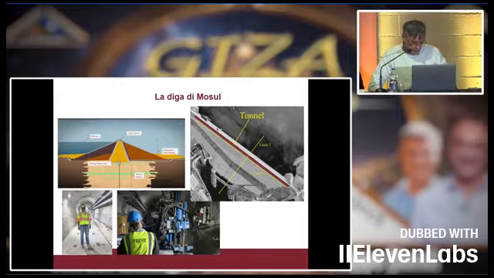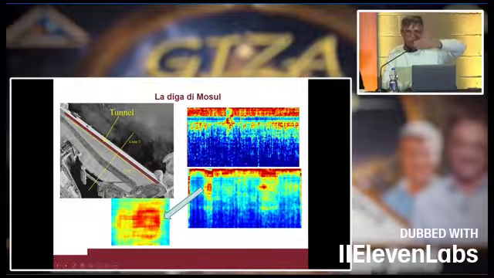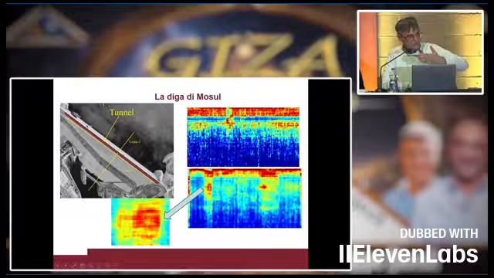Inside the Mosul Dam there is a tunnel, the so-called service tunnel. I present to you the tomography of the Mosul Dam, and you can see the section, and the darker, more blue horizontal section here is the tomography of the gallery.